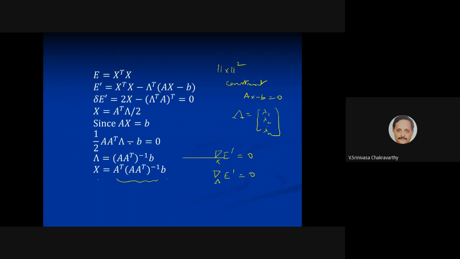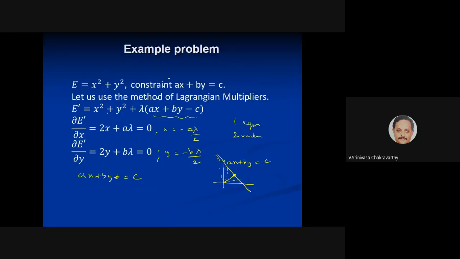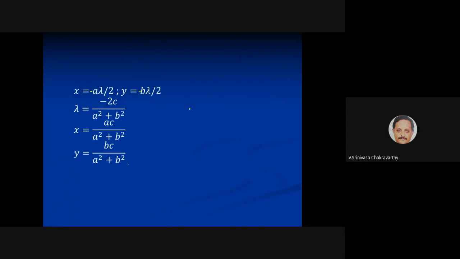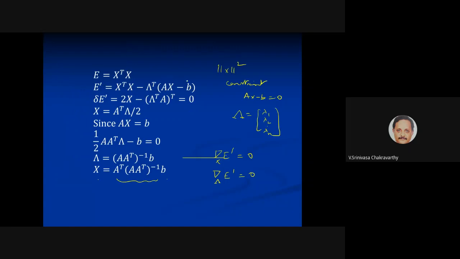Now let us do the more general case. The cost function is x transpose x, because that's a norm squared, and the constraint is Ax minus b. But Ax minus b has n equations, because each equation corresponds to one observation. b is of dimension n.